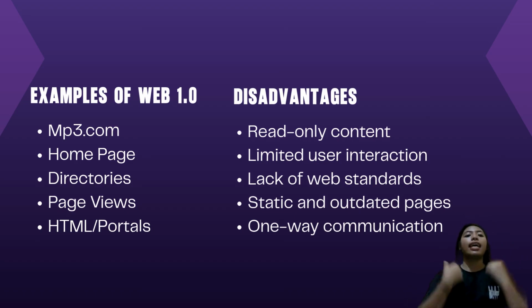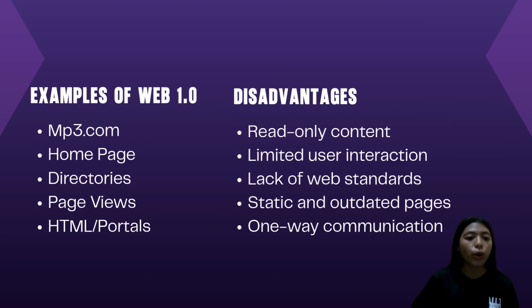So next is directories. Directories were websites that listed other websites in organized categories. A popular example of these directories is Yahoo, where users could browse links arranged by topics like news, sports, or education.